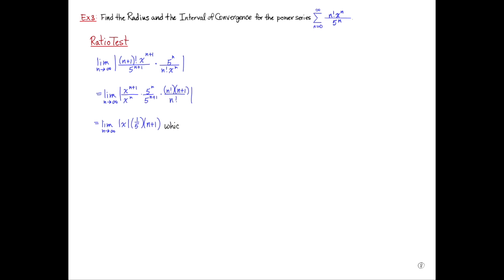And we want this limit to be less than 1. But as n is approaching infinity, the n plus 1 is growing without bound.